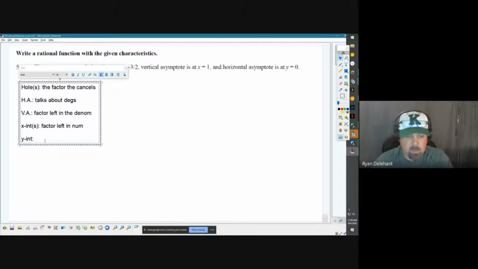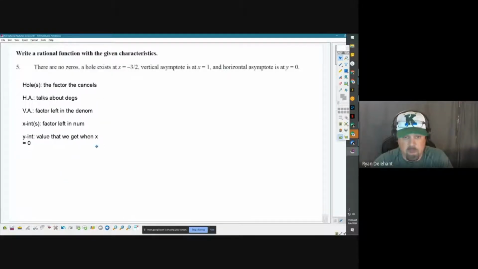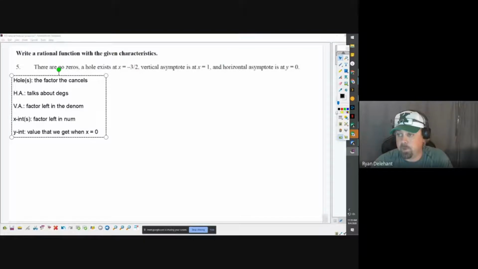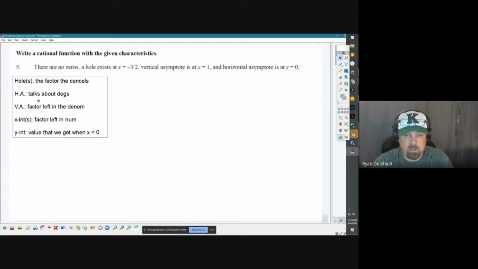And then y-intercepts were something you kind of got to go check at the end, but this is the value that we get when we plug in x equals 0. So if you think back to the way that we found each one of these, that's exactly your description of how we found each one of these items. Okay? So we're going to list this and kind of work backwards.